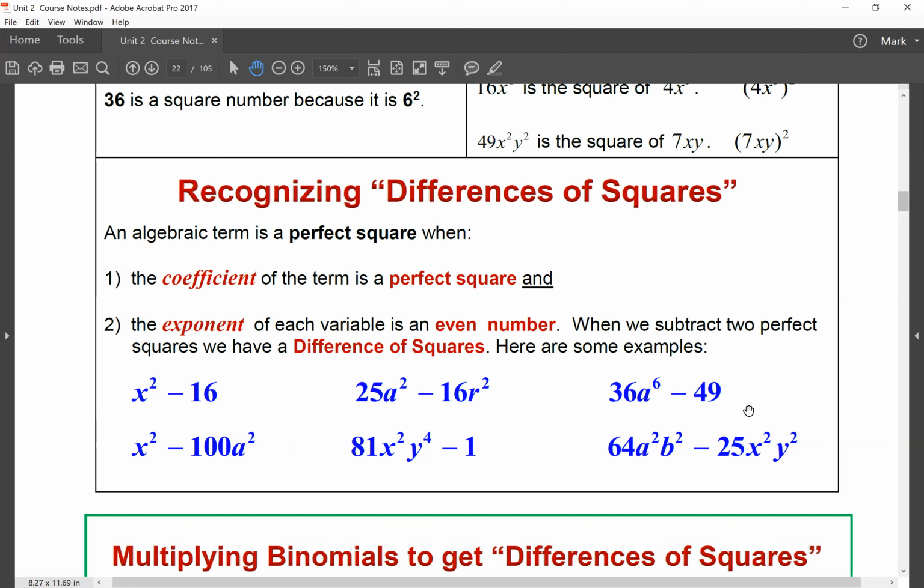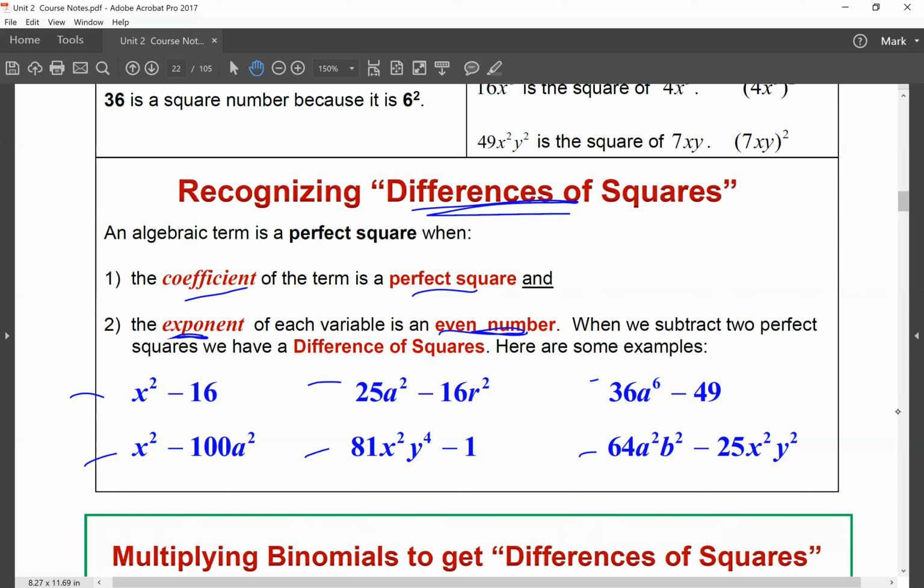Now the key word here is difference of squares. Difference in math means subtract. An algebraic term is a perfect square when the coefficient is a perfect square and the exponent is an even number. All of these on this page are examples of differences of squares or perfect squares.